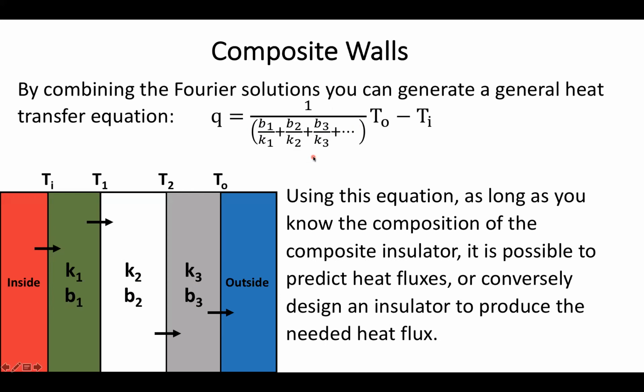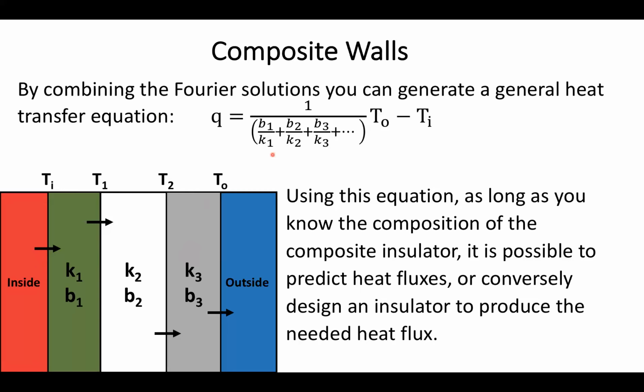And so what this allows us to do is, as long as I know the composition of the material, I can determine the predictable heat flux across the entire material, and then I can use this to figure out things like intermediate temperatures, as well as design composite materials which can function as insulators for complex systems. So this is essentially going to be our modified Fourier's equation, which we're going to be using quite regularly, as it is more general and much more descriptive than the simple Fourier's equation we used last time.